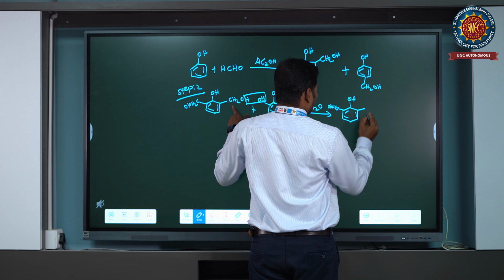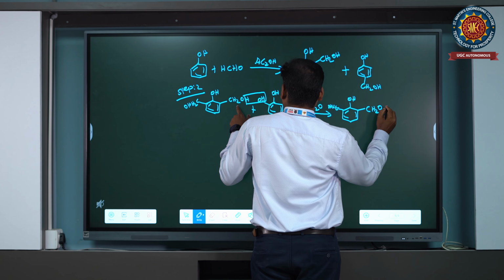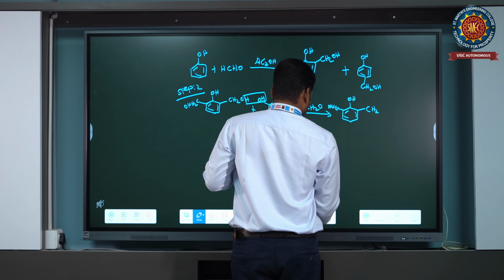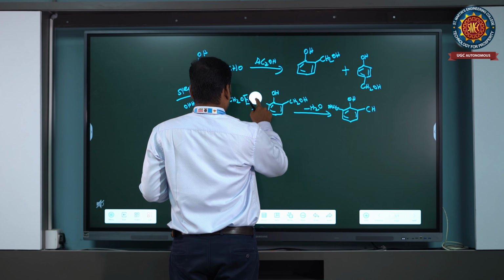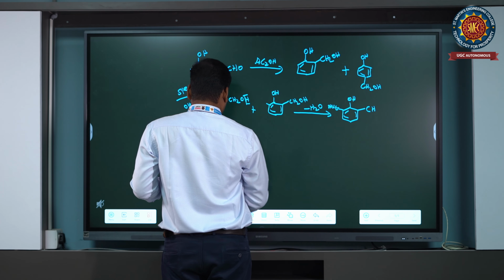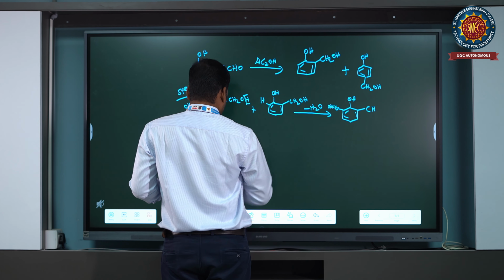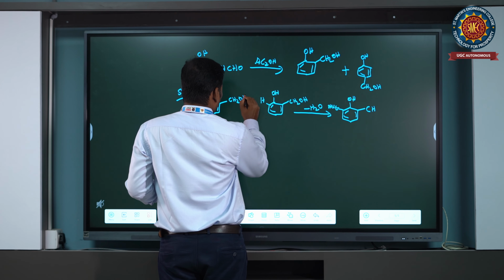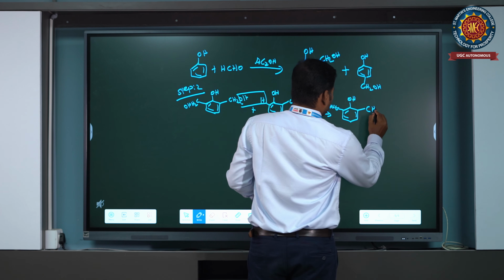Here, removal of water molecules, followed by CH2 OH, removal of water molecule H2O, followed by CH2.